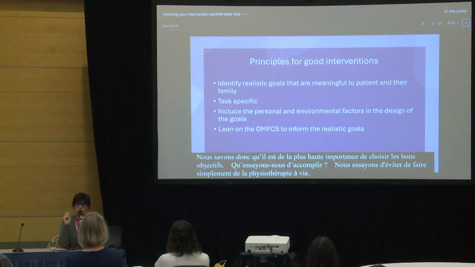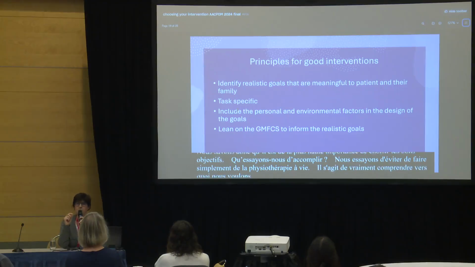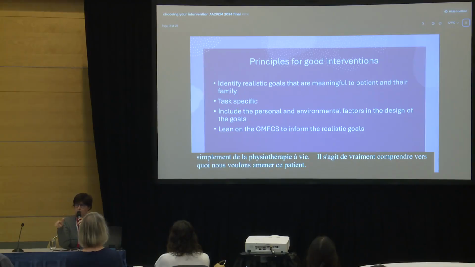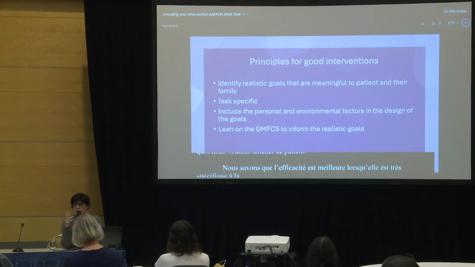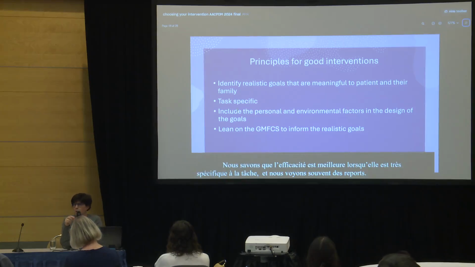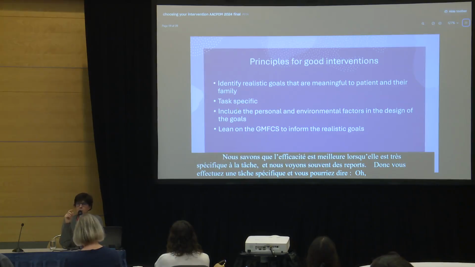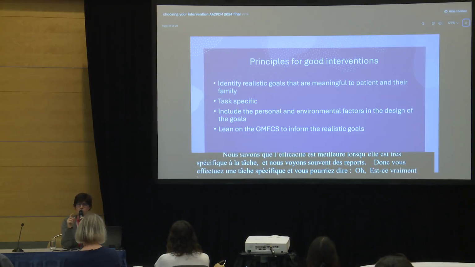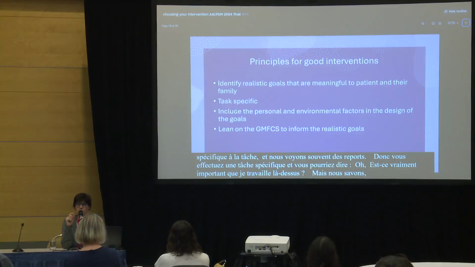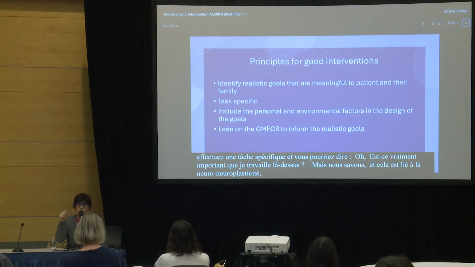We know that the effectiveness is better when it's very task specific, and we often see carryover. So you do one specific task and you might say, oh, is that really important that I'm working on that? But we know, and that ties into the neuroplasticity, that when you do things in an active way, that's when you train your brain.